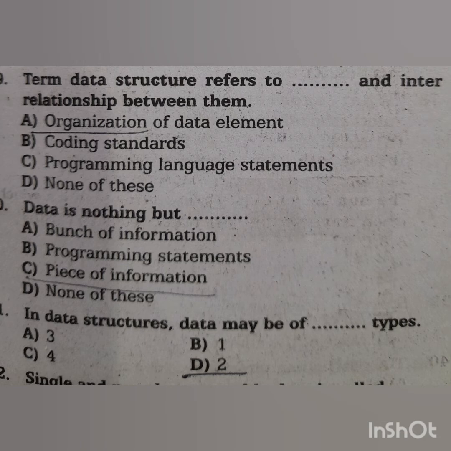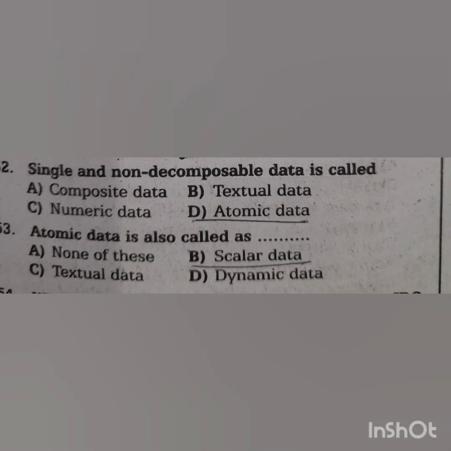Data is a piece of information. In a data structure, data may be of two types. Single and non-decomposable data is called atomic data, and atomic data is also called scalar data.